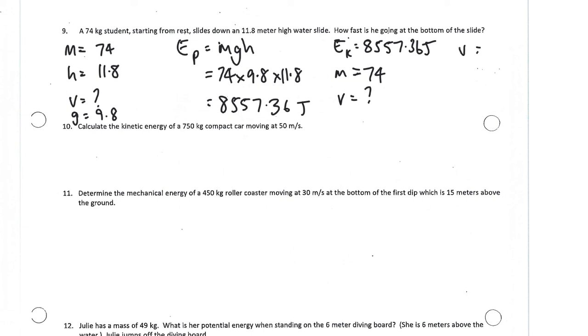So now V is equal to the square root of 8557.36 times 2 over 74. 8557.36 times 2 is equal to 17114.72. Divide that by 74, 231.28. Then I square root that value, and I get 15.2 meters per second. Right.